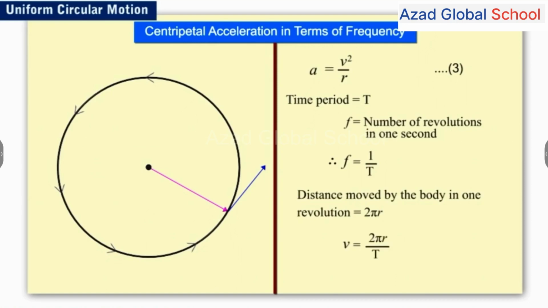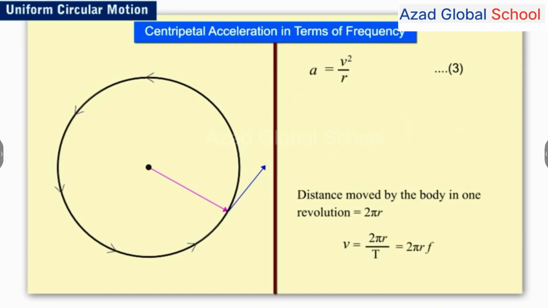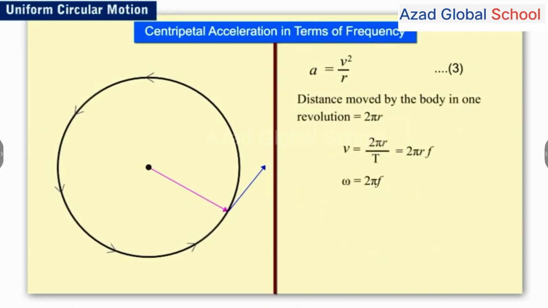V is equal to 2 pi r by T. On substitution, we get V is equal to 2 pi r f. Omega is equal to 2 pi f. Substituting the values in equation 3, we get a c is equal to 4 pi square f square into r.